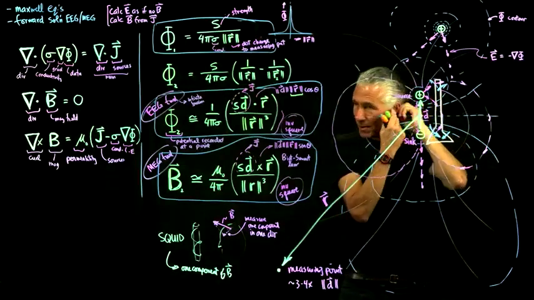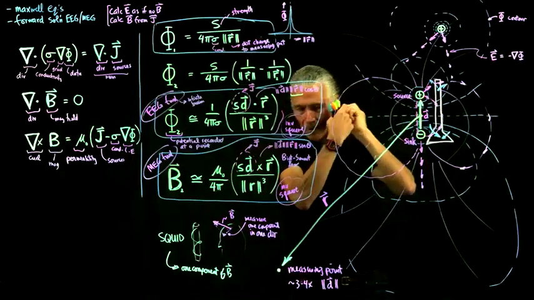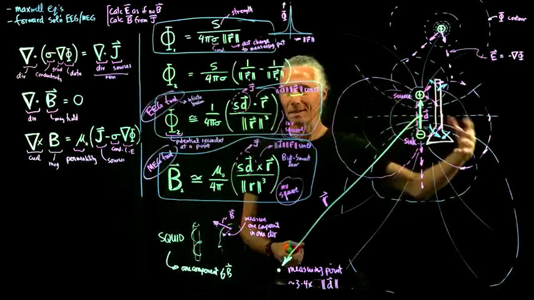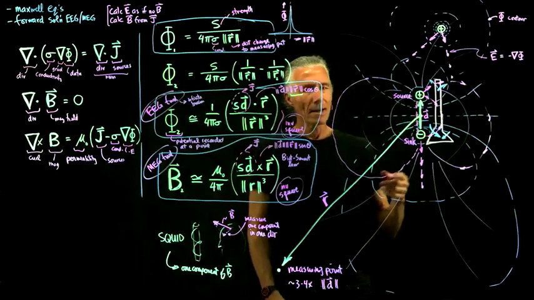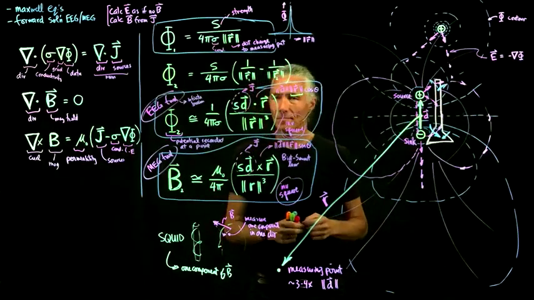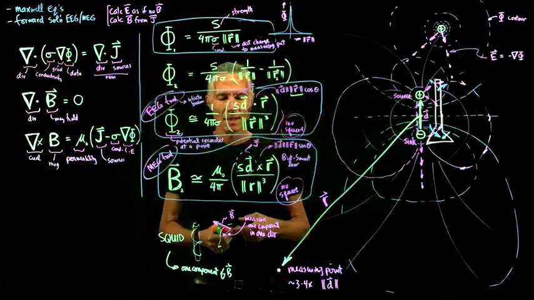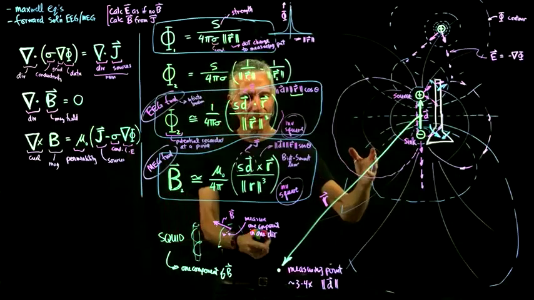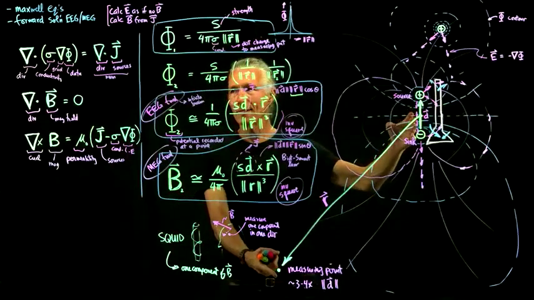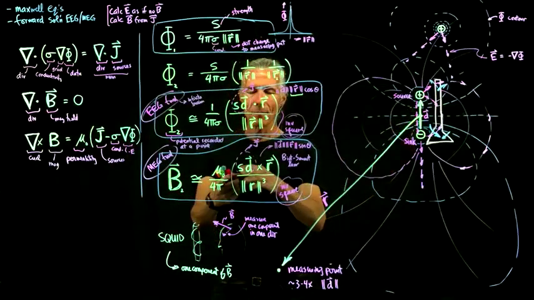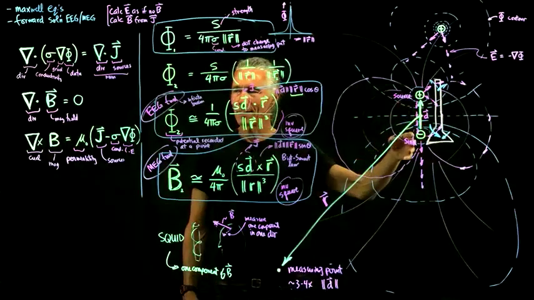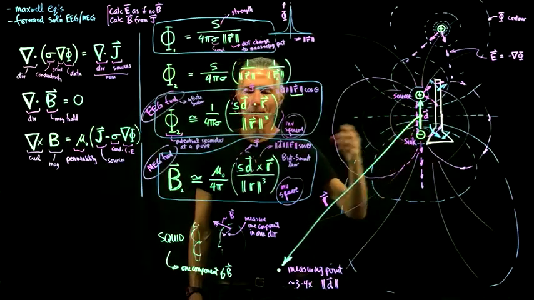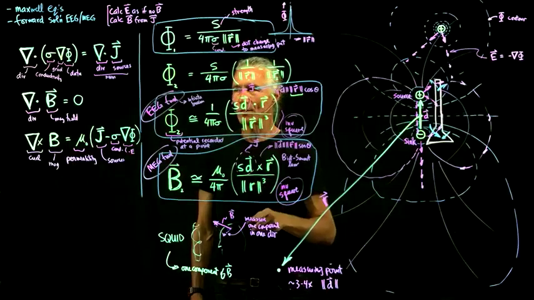It's also going to flow in various directions as you get further away. If you make the assumption that you're three or four times the distance away, then instead of this very complicated mess you get close to the dipole, you just end up with this simple inverse square law.